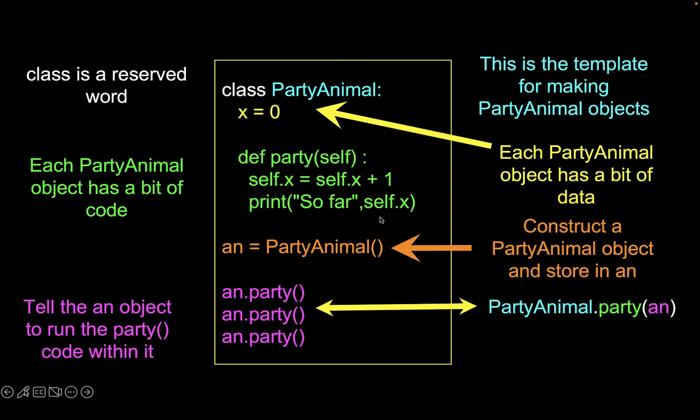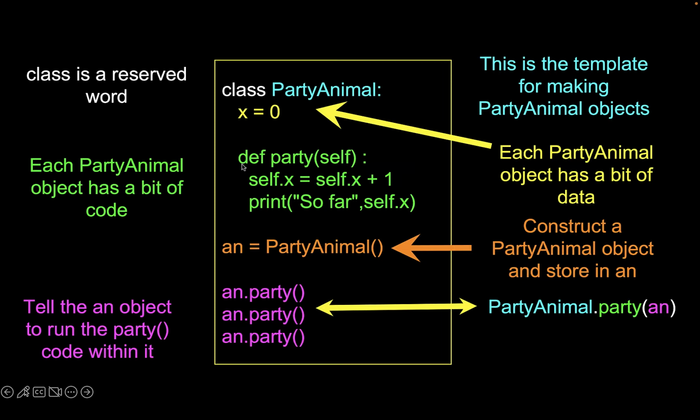The next thing is we have a method, and this one is called party. We define it pretty much the same way that we create a function. The only difference, well, one is that it occurs inside of the class. It's indented one indent.